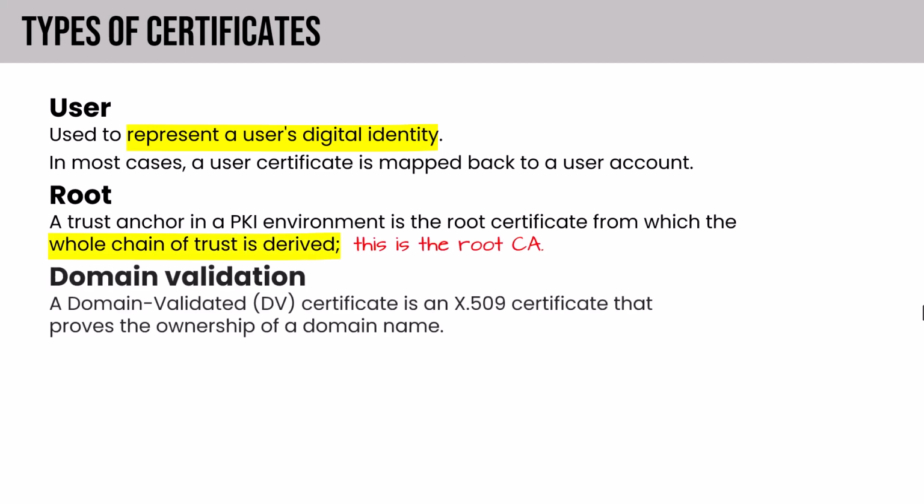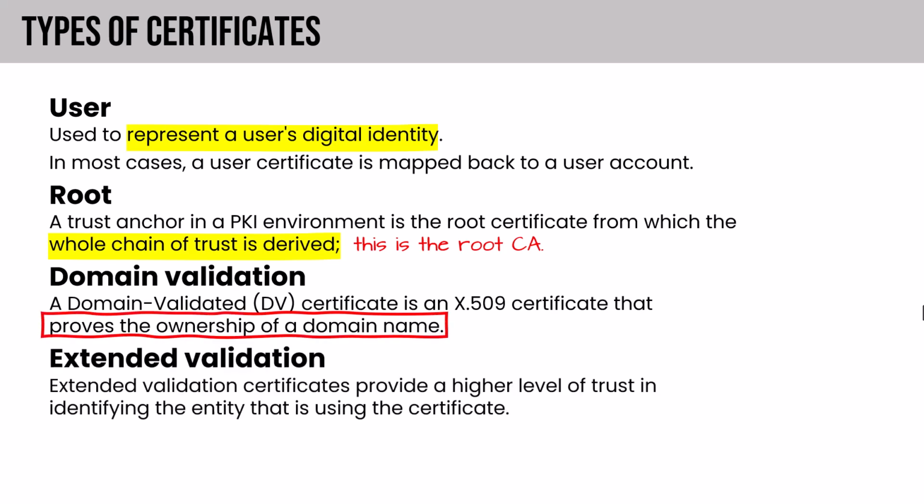We have certificates used for domain validation. So a domain validated certificate is an X.509 certificate that proves the ownership of a domain name. An extended validation certificate provides a higher level of trust in identifying the entity that is using the certificate. This is common in the financial services sector. When money is on the line, it raises the bar.